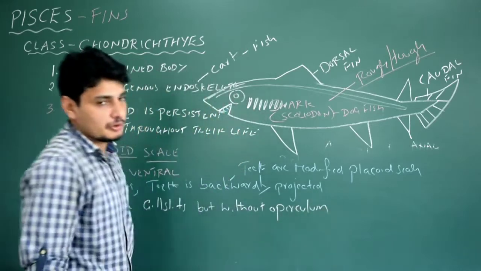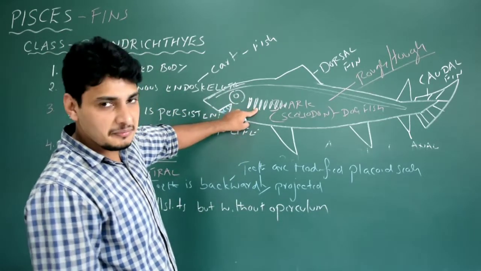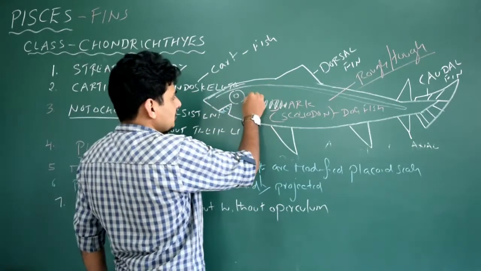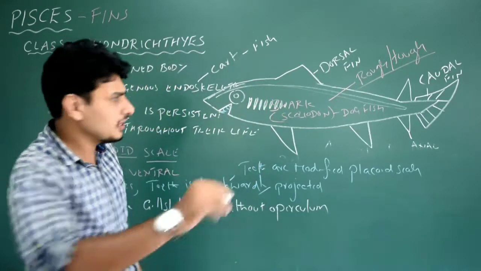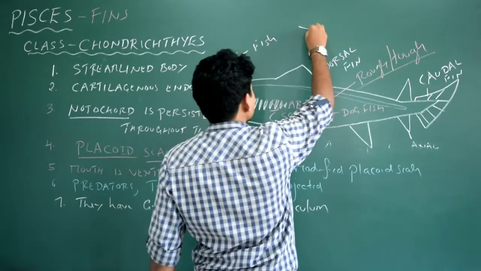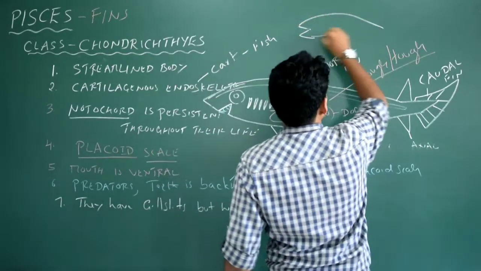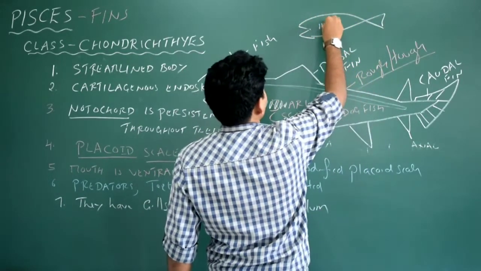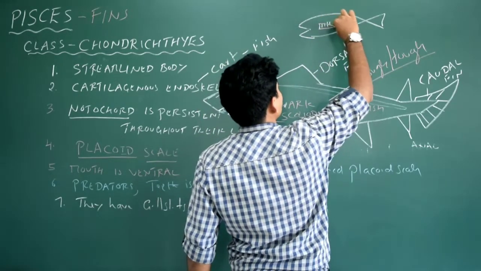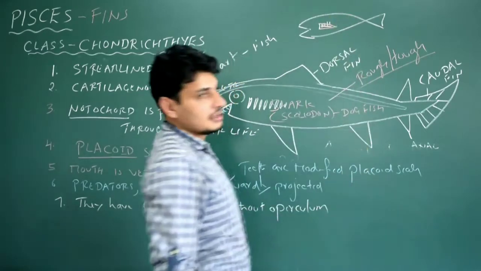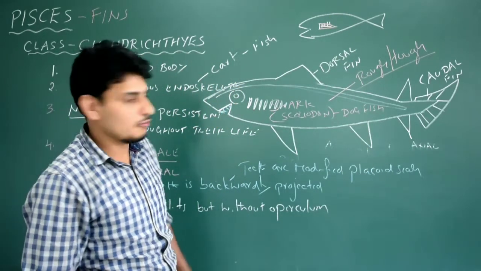Very, very important point. If you take this shark diagram, do you see a covering for these gill slits? No. If you take a normal fish, like commonly seen bony fishes, you see the gills covered with some structure like this, right? You cannot see the gill slits because they are covered with operculum. What is operculum?